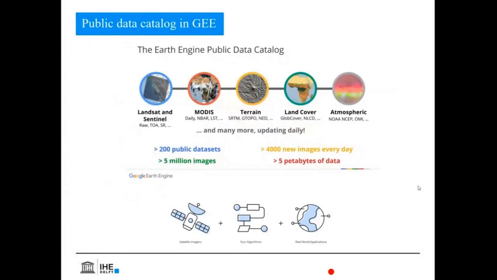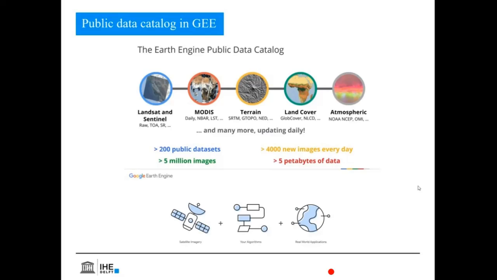The Earth Engine public data catalog. Let's see what we have. We have the entire catalog of Landsat and Sentinel data. All the Landsat data sets are there: Landsat 4, 5, 7, 8, and I think they are published with a one week lag time, so last week's Landsat 8 will already be available in Google Earth Engine.